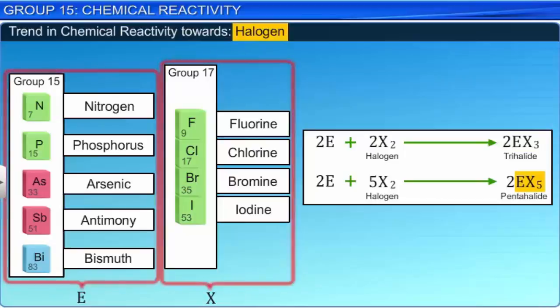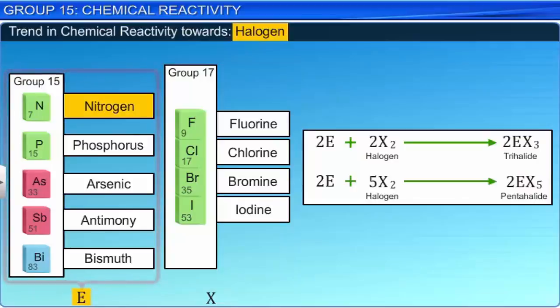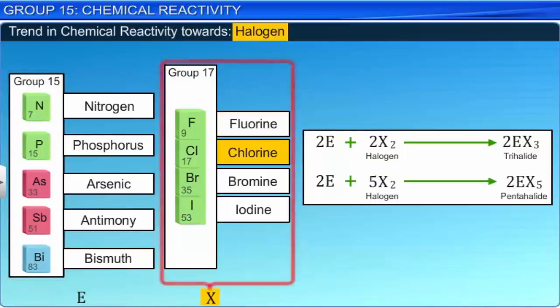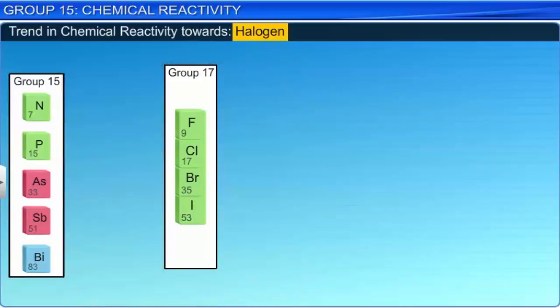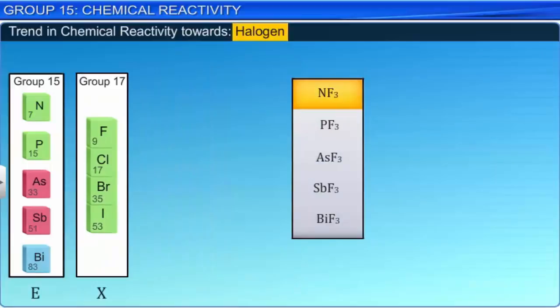Here, E may be nitrogen, phosphorus, arsenic, antimony or bismuth, while X may be fluorine, chlorine, bromine or iodine. For example, NF3, PF3, AsF3, SbF3 and BiF3 are trihalides.